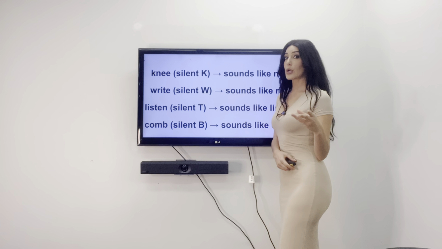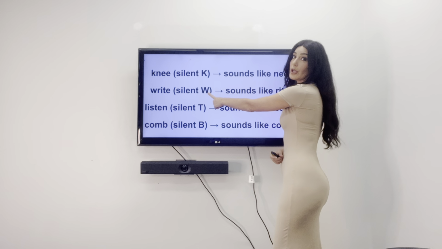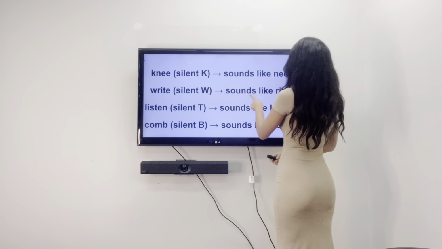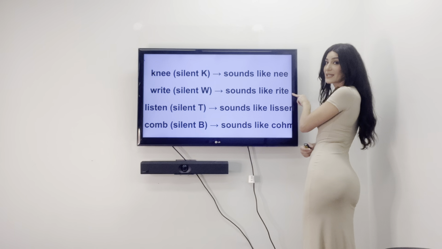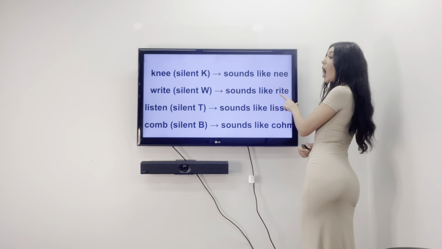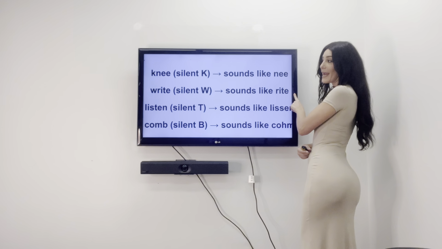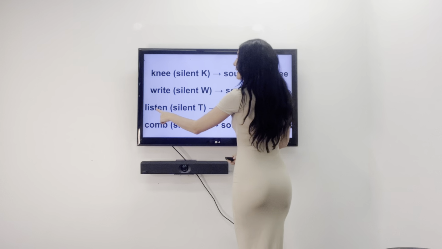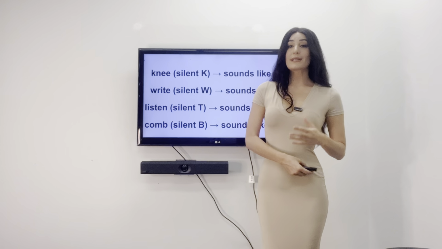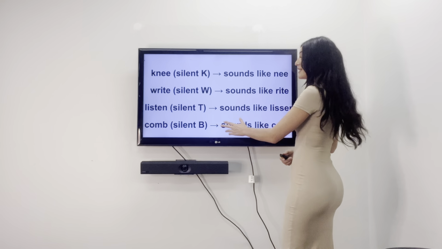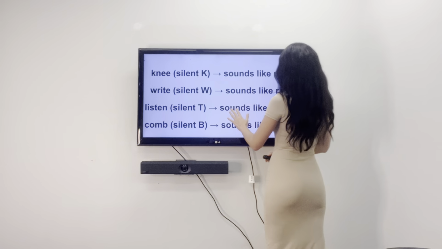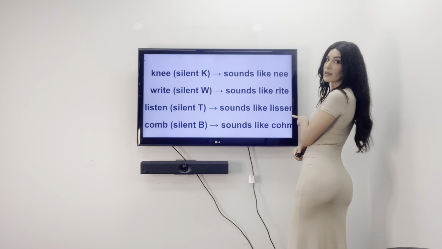Right, we just talked about. Silent W, okay? It sounds like right, as in R-I-T-E, right. Listen, we don't say the T. The T is silent. It sounds like listen.